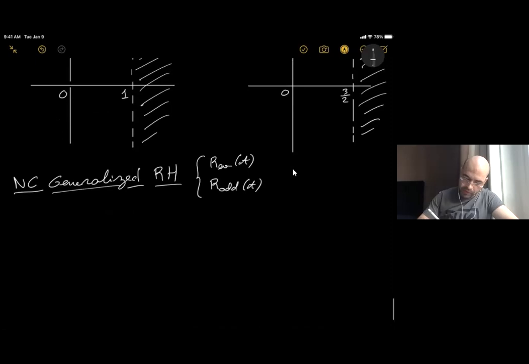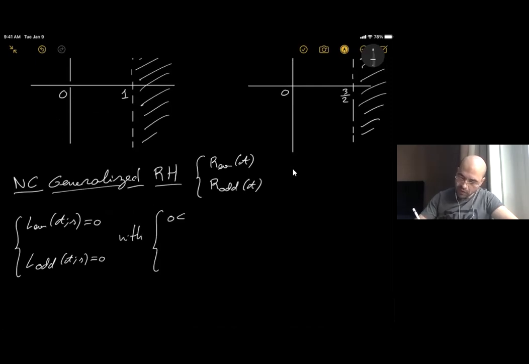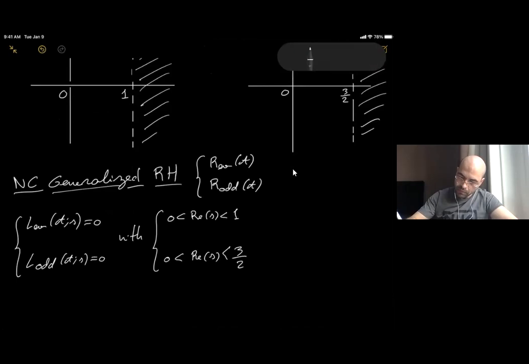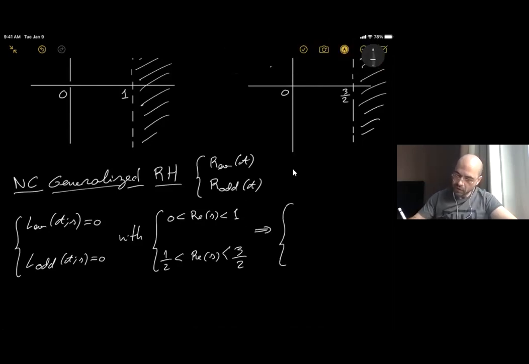It says, as you expect, that when you take the even L function or the odd L function, if it has a zero in this critical strip, which means that the complex variable is between 0 and 1, or between 1 and 3/2, then this implies that actually the real part is equal to 1/2, or the real part is equal to 1.